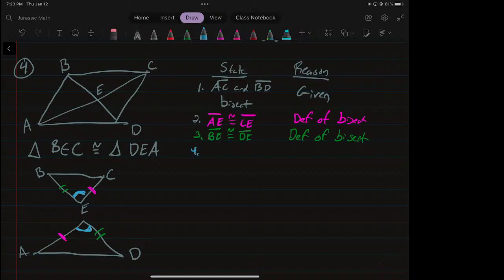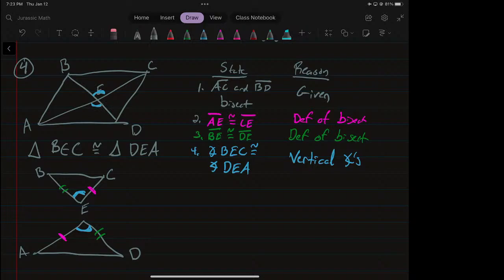So step 4, angle BEC is congruent. Notice I start with the green side, so I'm going to continue with the green side, DEA, by vertical angles. They are directly across from each other, so they are vertical.